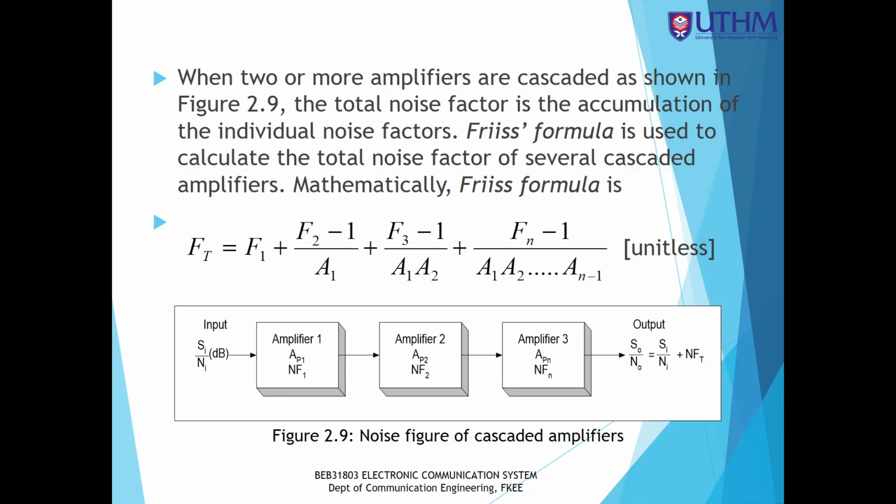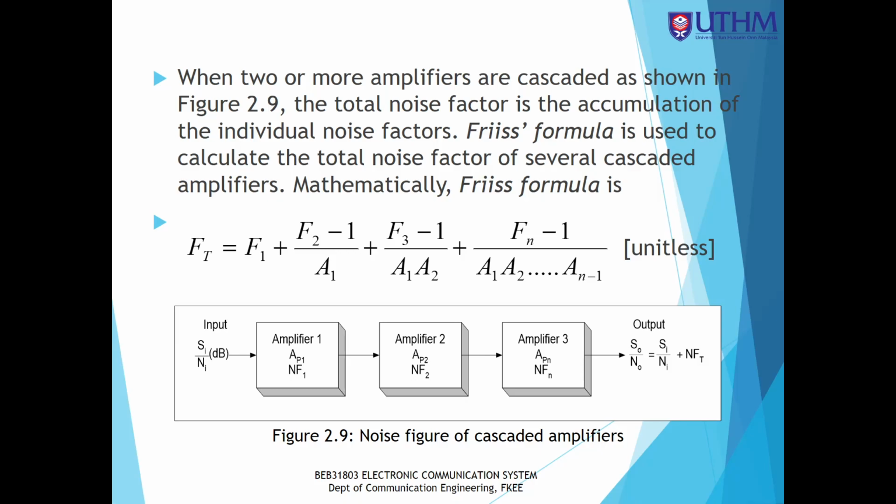How do you find the total noise factor? In order to find the total noise factor for a cascaded amplifier system, you need to use the Friis formula to calculate the total noise factor.